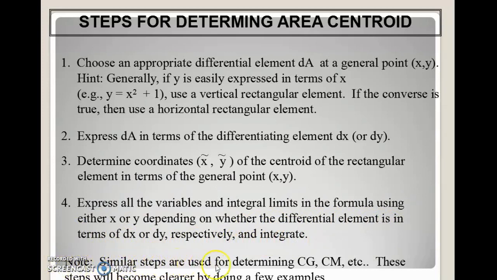Similar steps are used for determining the centroid, center of gravity and center of mass. These steps will become clearer by doing a few examples. So we are going to apply all the 4 steps in an example to make them more clear.